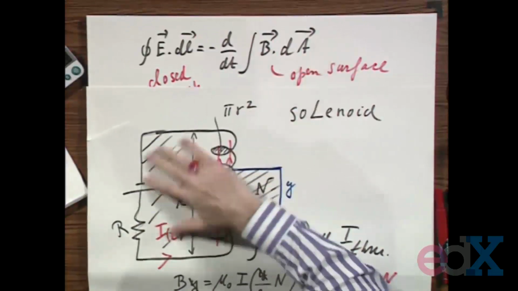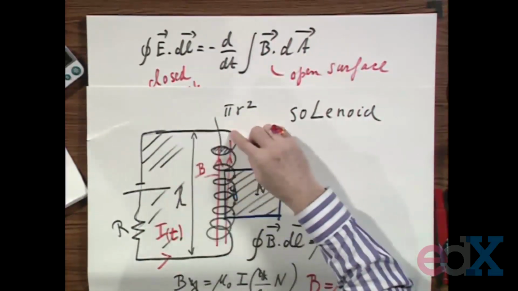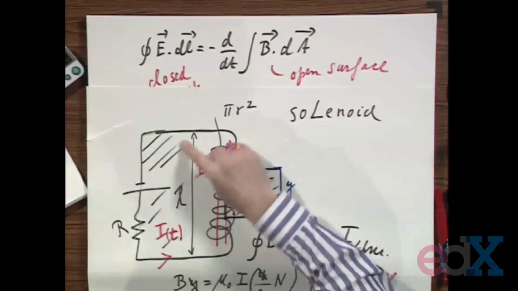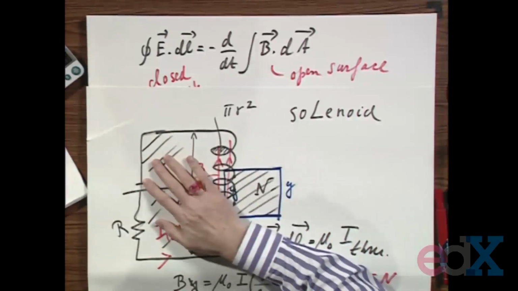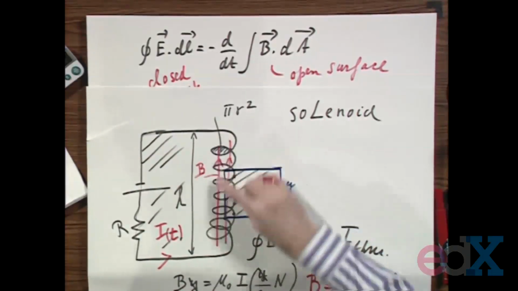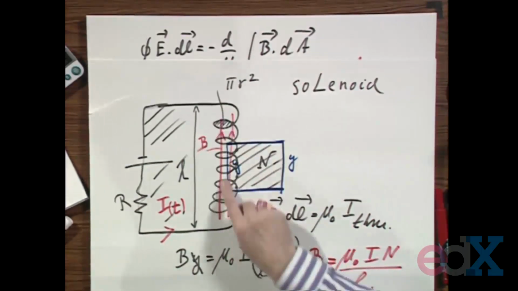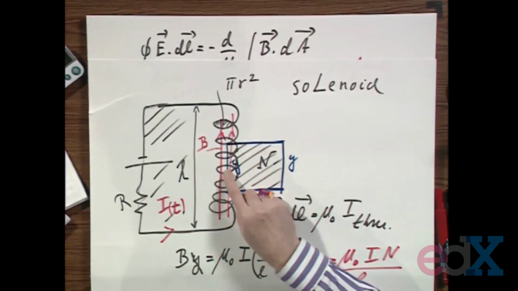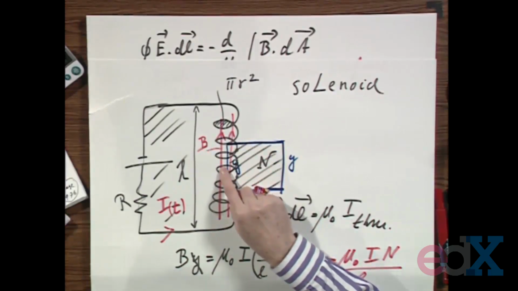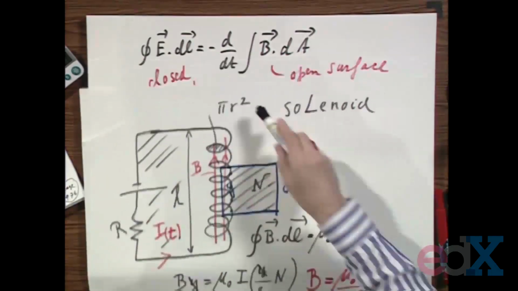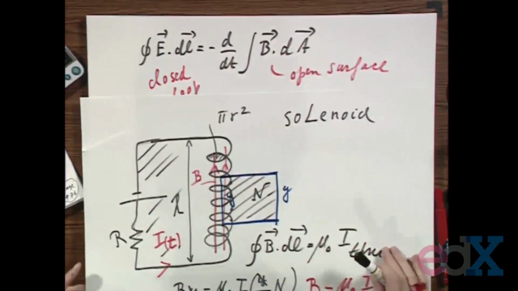the magnetic field, which I will ignore here, I will assume that even though there is a current flowing here, the magnetic flux going through this film is almost negligible, but here the magnetic field is very strong. I now have to take into account that this magnetic field goes n times through this open surface. And so what now is this term?